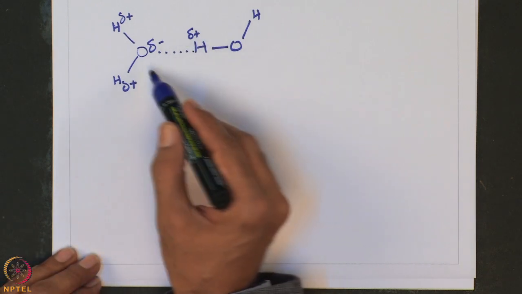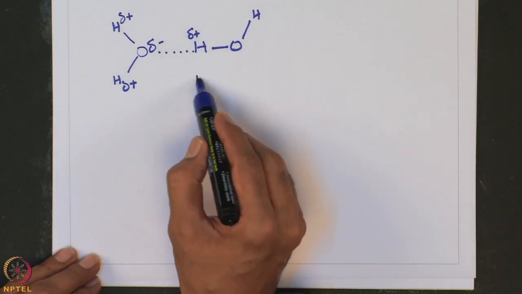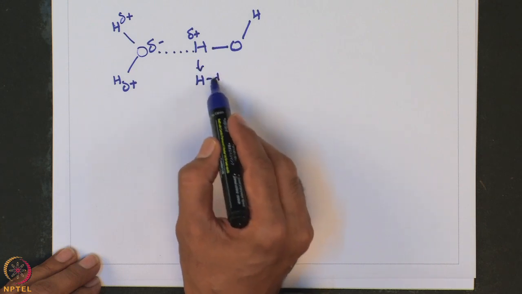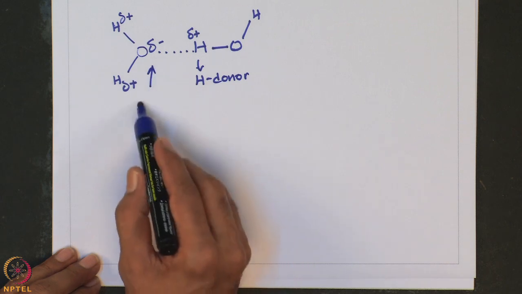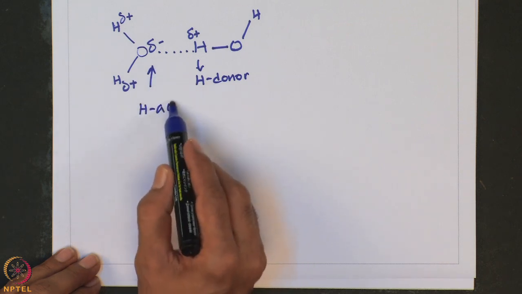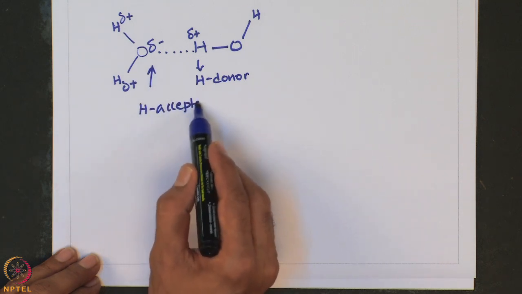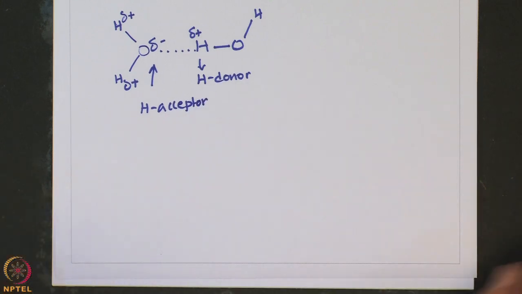This is the hydrogen donor and this is the hydrogen acceptor. Because of these interactions, two molecules come together. That means a water molecule can show 4 such interactions. Let me show you all 4.